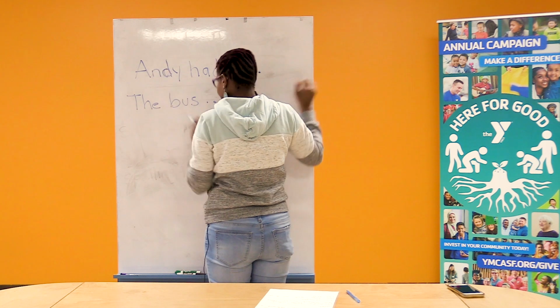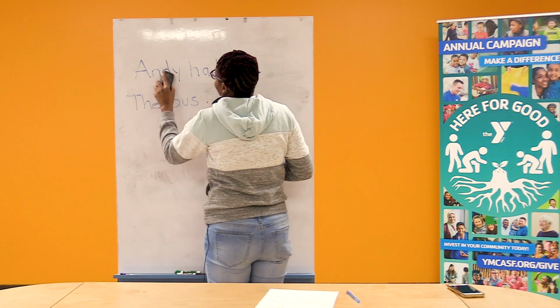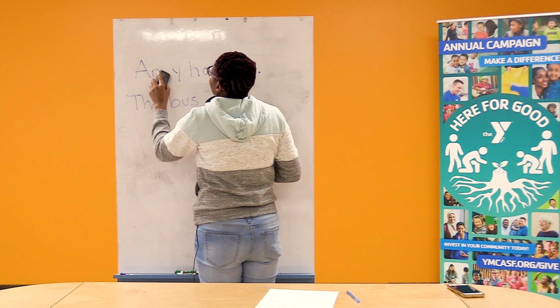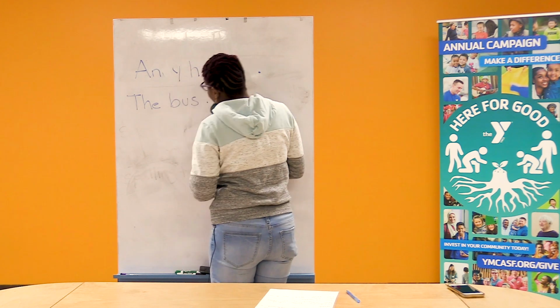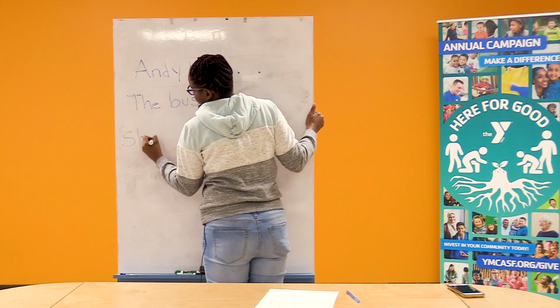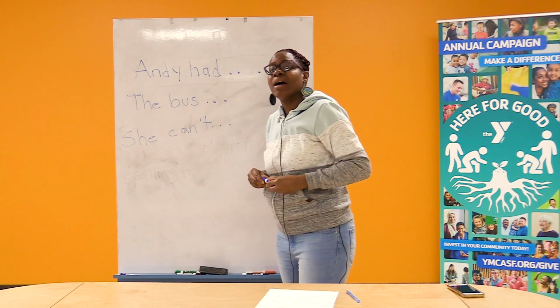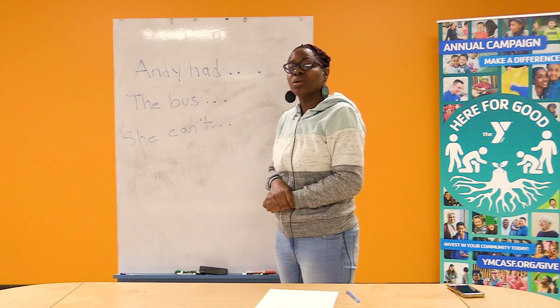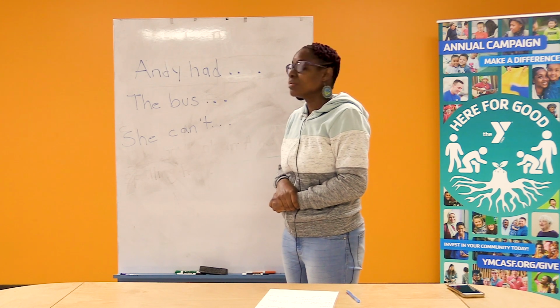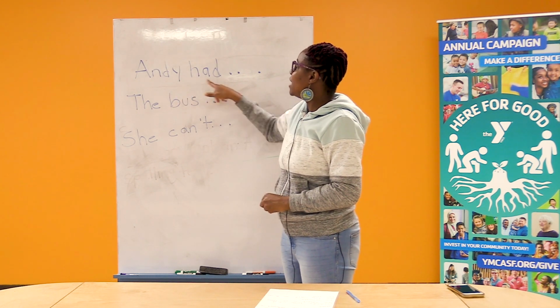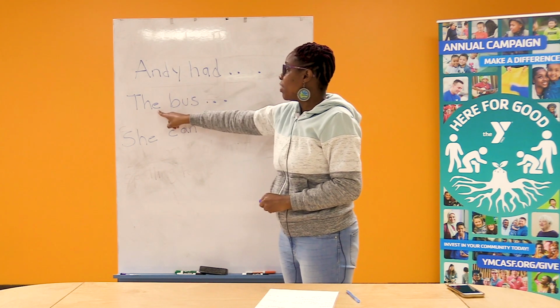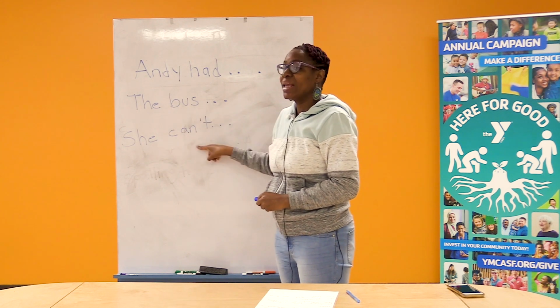Let's start with the subject part first in each of these sentences. Okay, so I have 3 subject matters without a predicate at all. I have Andy, the bus, she can't.